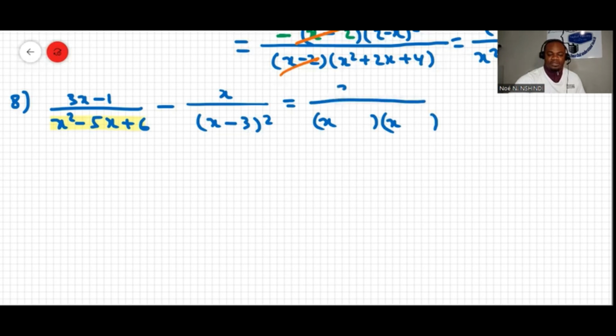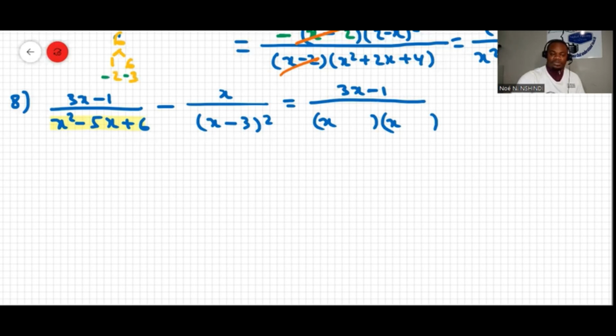under 3x minus 1. The constant term is positive 6. The factors of 6 are 1 and 6, 2 and 3. To get a negative 5, this is possible with negative 2 and negative 3.